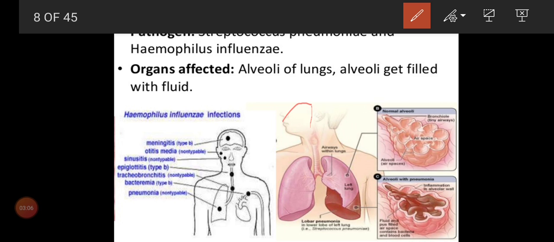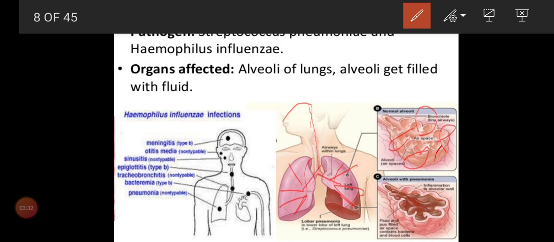Then it comes to the trachea, to the two bronchi, and enters the bronchioles. Here we can see the air sacs. The air sacs have so many alveoli, and because of the bacterial infection the alveoli are filled with fluid.